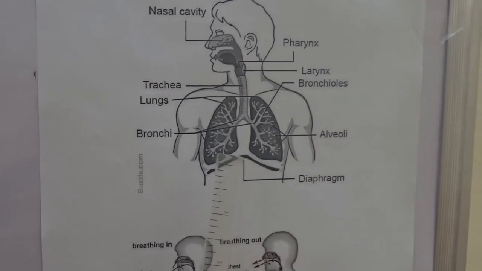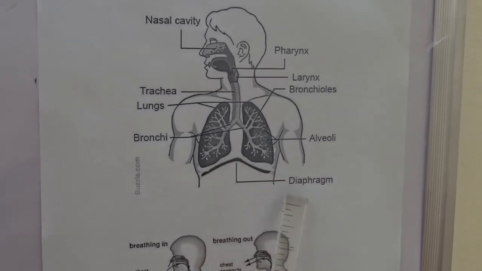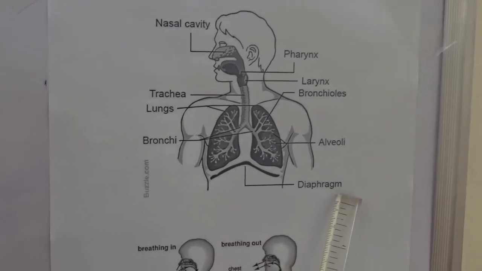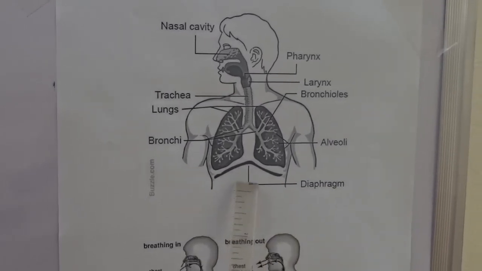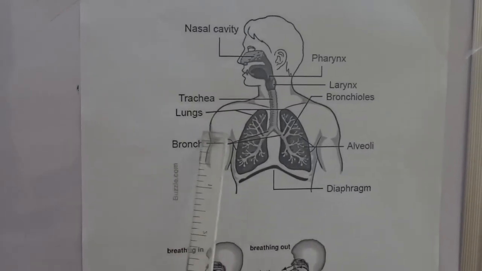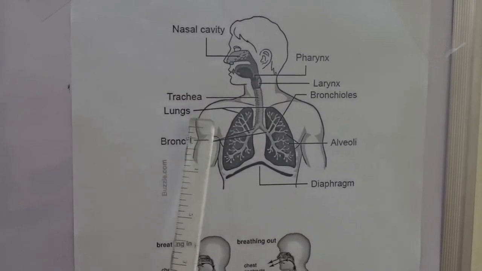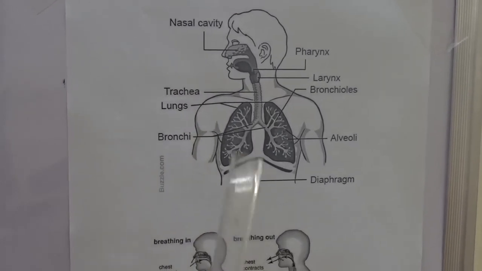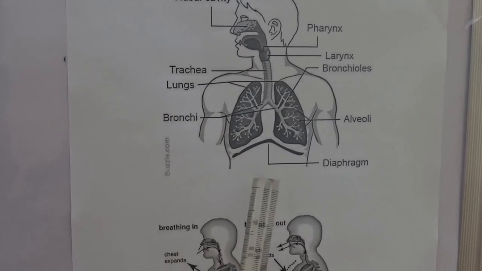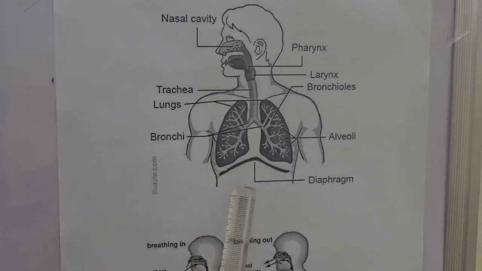The lung rests on a base sheet called the diaphragm. The lungs are present in the thoracic cavity or chest cavity, and the diaphragm separates the thoracic cavity and the abdomen. This is forming the structure of lungs.